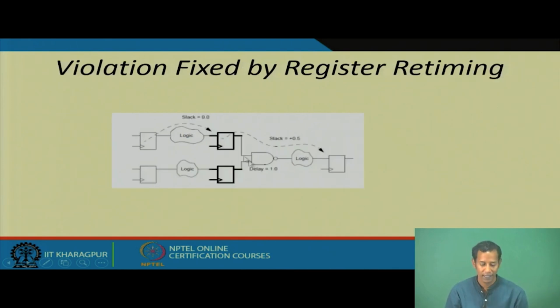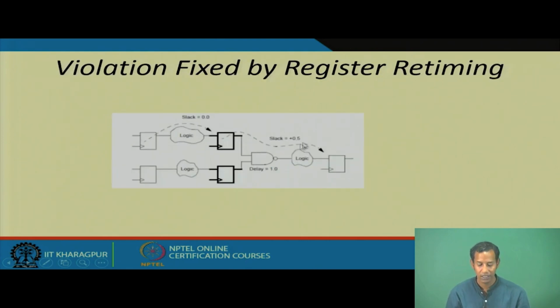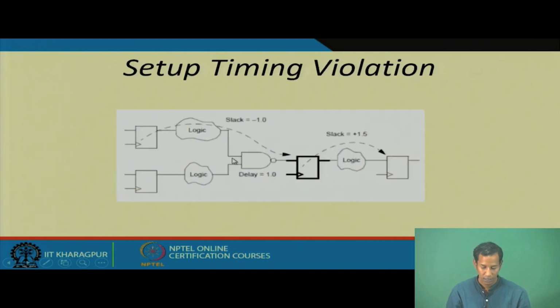If I place these registers differently, and place the NAND gate just after the registers, not before them, the delay of this NAND gate is 1. Then the slack goes from -1 to 0.5, and here it will get a slack of 0.